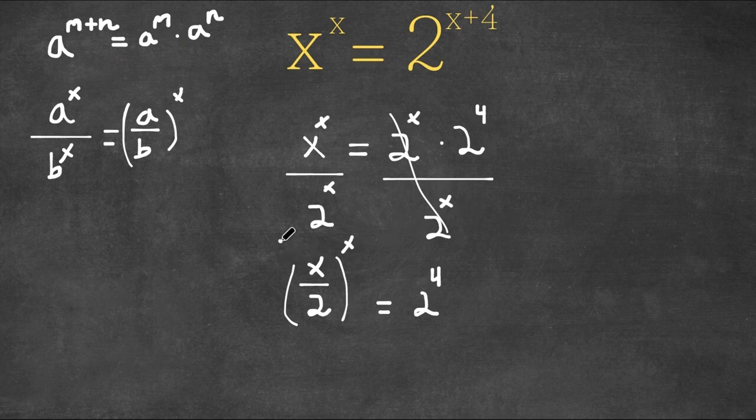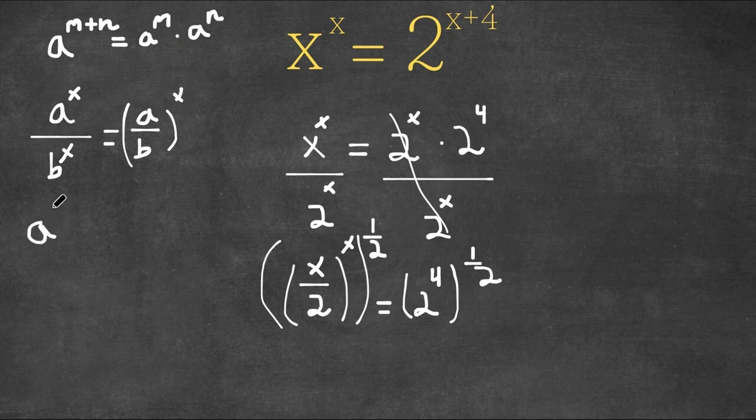Now what I'm going to do is take the power of 1/2 on both sides. Now, if we have a to the power of m to the power of n, this is also equal to a to the power of m times n.